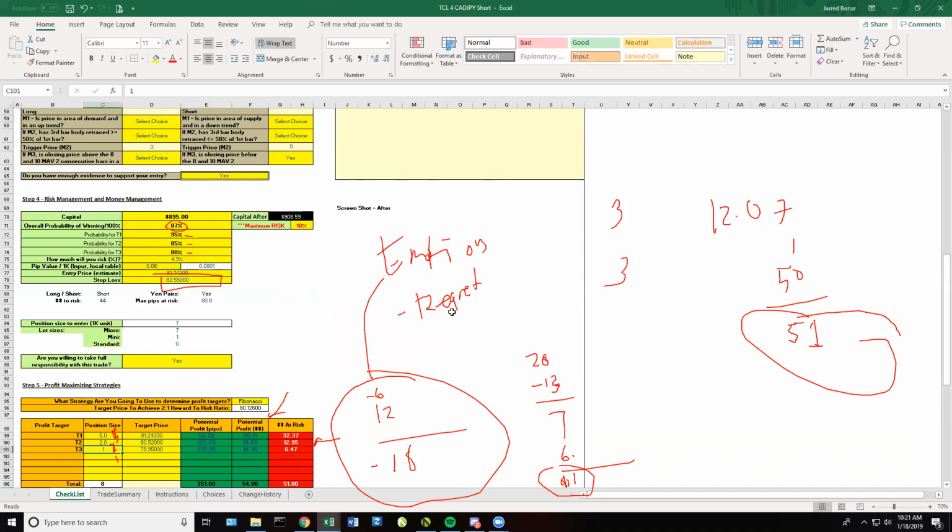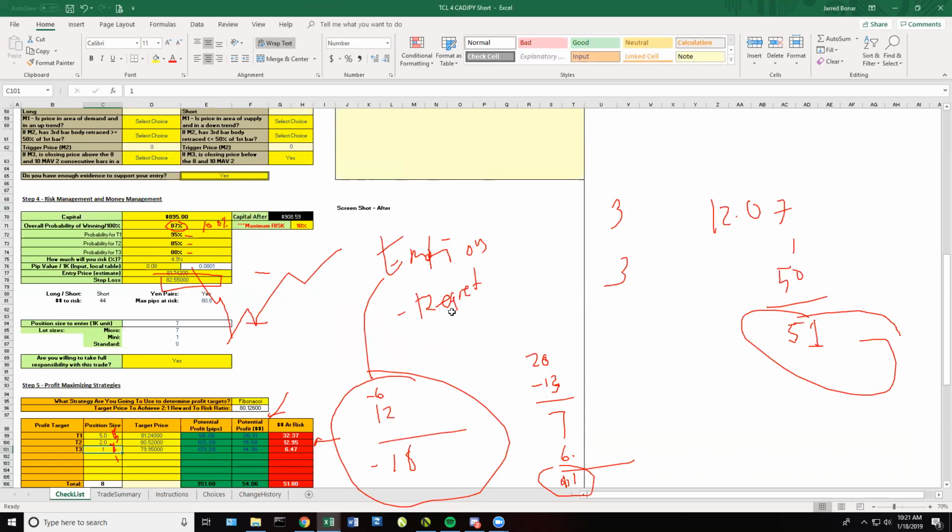It's different if you have 100% probability on the overall. Say, for argument's sake, this is what's going to happen, and it's coming from like that.